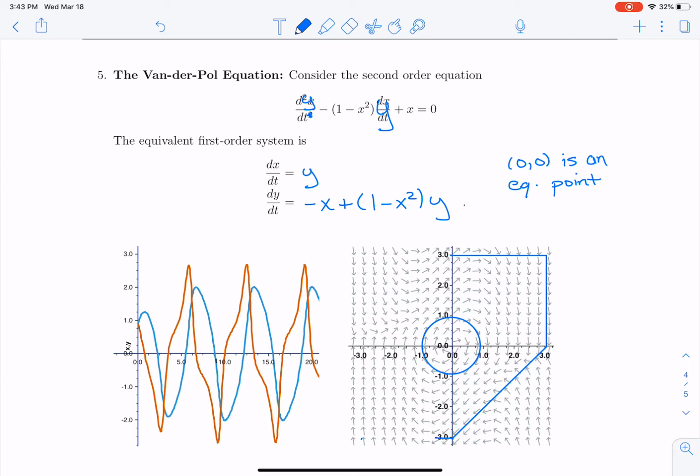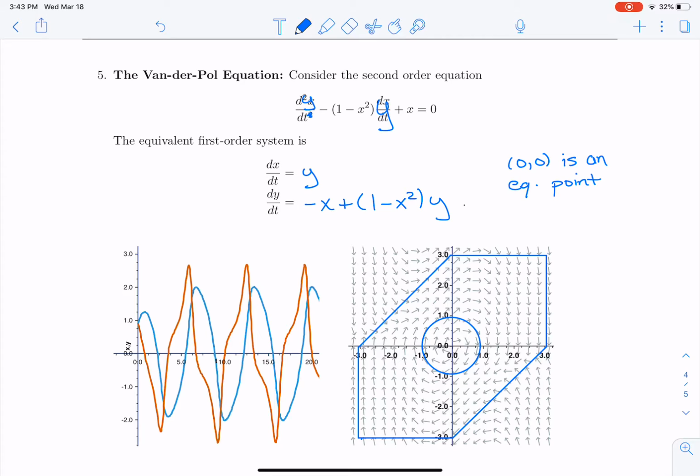Then I'm going to come along y equals minus 3, and I'm going to go up x equals minus 3. And then I'm going to connect that to y equals 3. And I claim that if a solution enters that region, then it will remain in that region for all time.